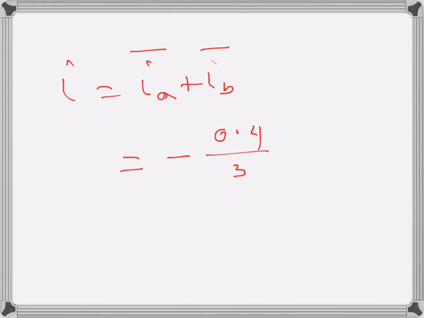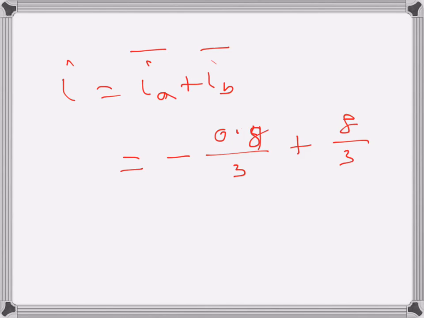So my total I will be IA plus IB. This is the contribution of the 0.4 amps current source, and this is the contribution of the 4 ampere current source. So using the principle of superposition, I am just adding them. This one is negative according to the direction assumed, 0.8 over 3, and this one is 8 over 3.